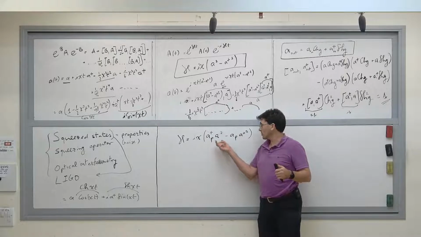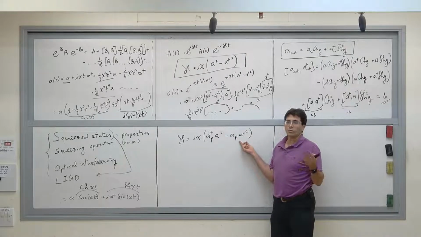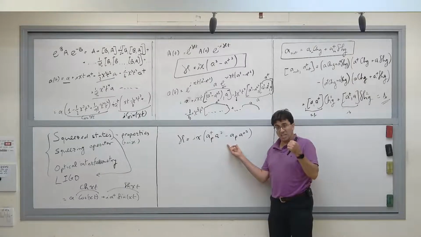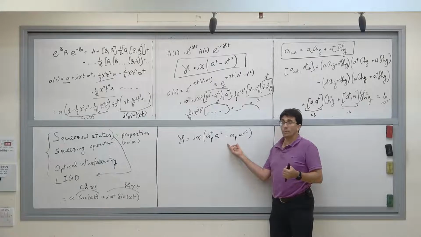If you create two photons somehow, this Hamiltonian creates two photons, their energy should come from somewhere. Where do they come from? They come from the pump. The pump is the one that gives in the energy, and it will lose. So if two photons are created, one photon of the pump is annihilated.